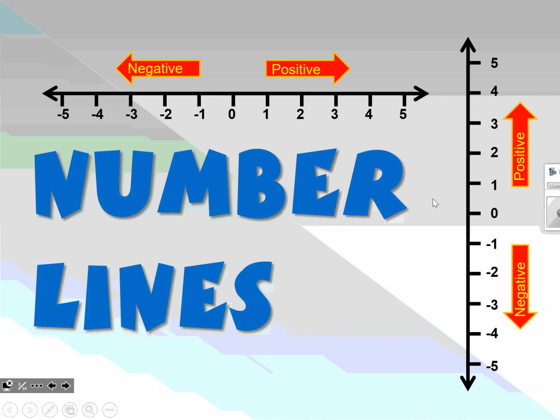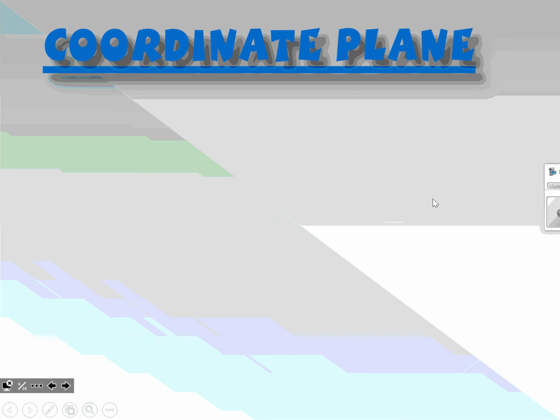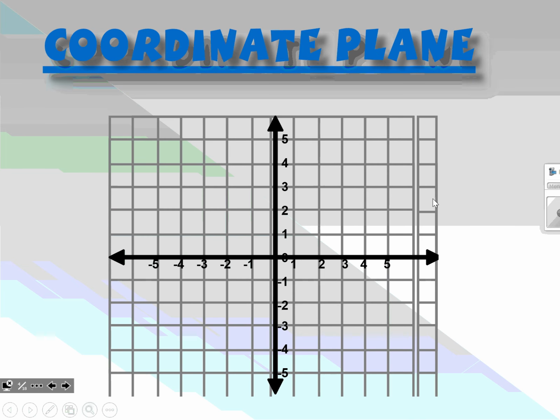So what are we going to do with these two types of number lines? What we're going to do is actually combine these two number lines, and they cross at 0. So let's go to the next slide. So this is an example of a coordinate plane. Now it might be kind of messed up, but we'll just deal with it.